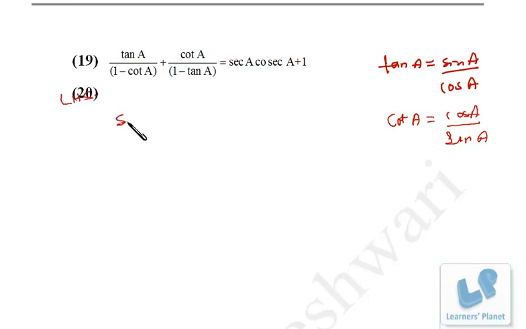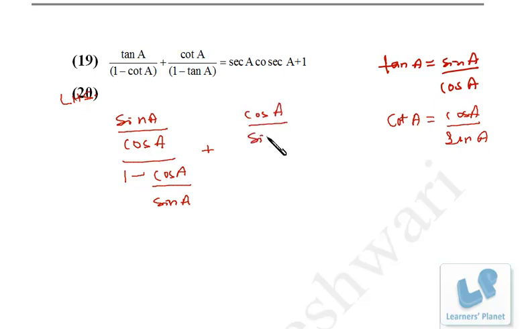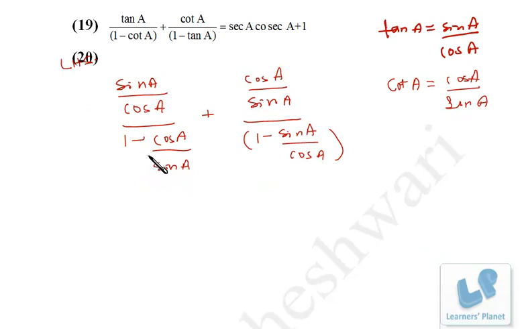So tan A is sin A by cos A upon 1 minus cos A by sin A, plus cos A by sin A upon 1 minus sin A by cos A. Now just take the LCM of the denominator and simplify it.